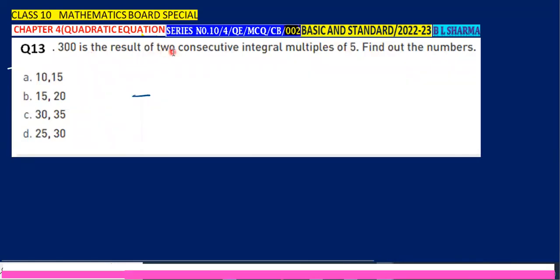300 is the product of two consecutive integral multiples of 5. Find out the number. दो इंटीग्रल मल्टीपल्स, means integers के multiples, उन दोनों का प्रोडक्ट 300 है. तो देखिए, let one multiple of 5 be 5x and its consecutive will be 5x plus 5. ध्यान रखिए, 5 into 1 is 5, 5 into 2 is 10, 5 into 3 is 15, ये कंसेक्यूटिव होना चाहिए.